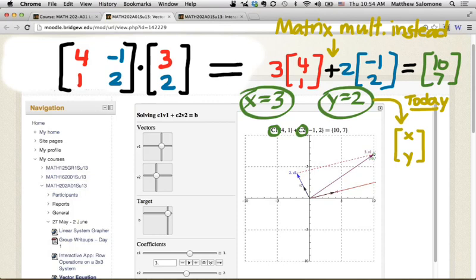Instead of a linear combination, 3 times the first vector plus 2 times the second vector, we're just going to rewrite it. There's not a whole lot of meaning in this just yet, but when we multiply a matrix by a vector, we're saying, I'm going to take this many of the first column, and add it to this many of the second column. So we're just putting it into a different wrapping, if you like.